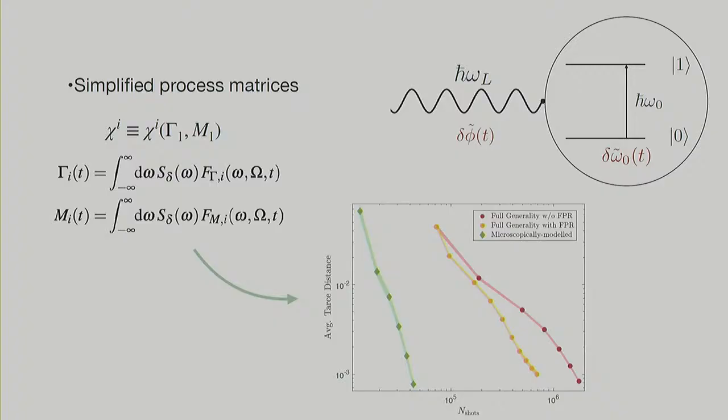And that, which already describes many, for example, trapped ion processor devices, leads to a substantial decrease in the number of parameters that you have to characterize. And therefore, it also leads to a substantial decrease in the number of circuits that you need to execute in the lab to get a target accuracy, okay?